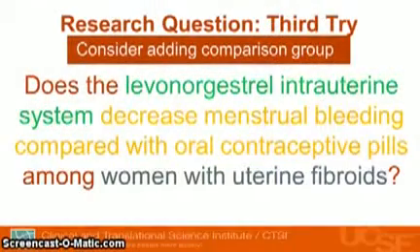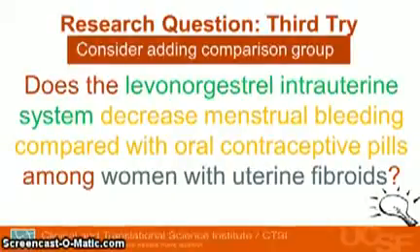And here's the final research question. Does the levonorgestrel intrauterine system decrease menstrual bleeding compared with oral contraceptive pills among women with uterine fibroids? So you can see here it has the three components that we've discussed. It's very succinct, it's focused, it's clear. This is a nicely written research question.